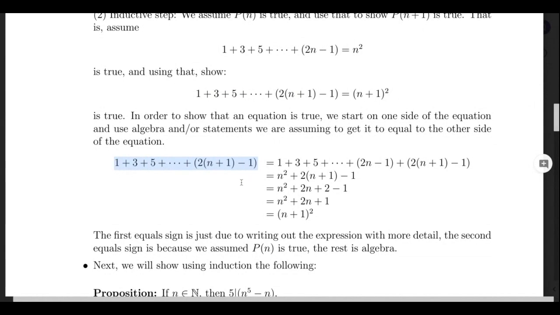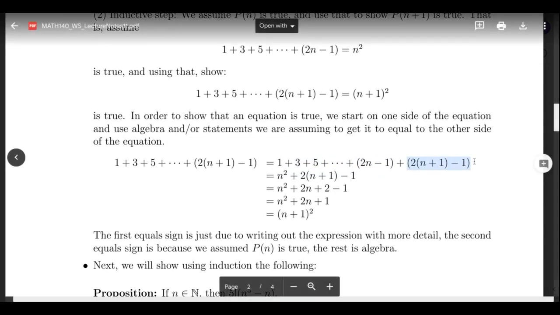The sum of n plus 1 odd natural numbers is the sum of the first n odd natural numbers, 1 plus 3 plus 5 up to 2n minus 1. Then we add one more, the (n plus 1)th odd natural number, 2 times (n plus 1) minus 1.